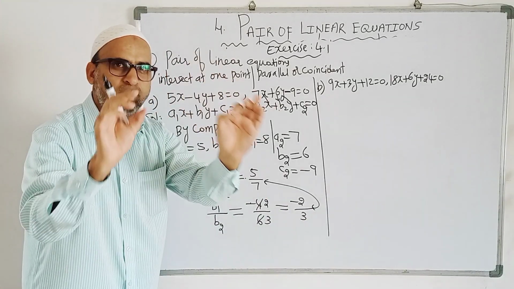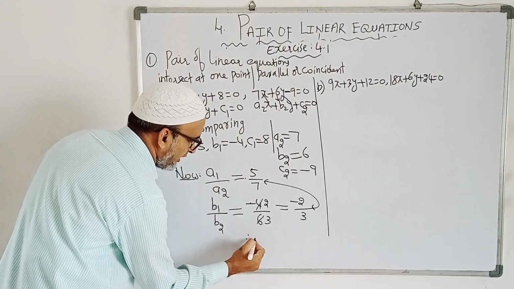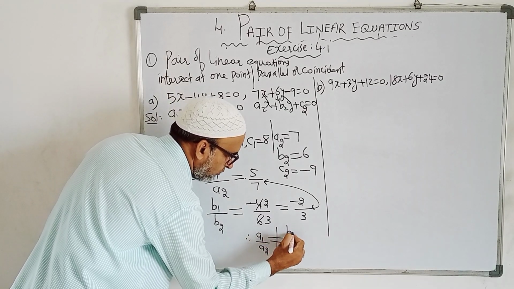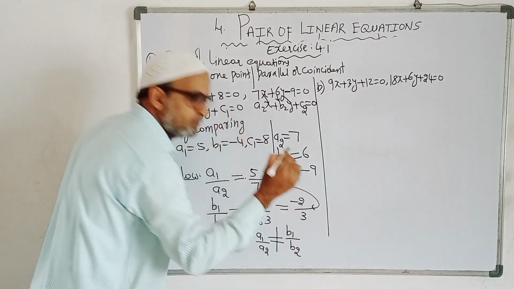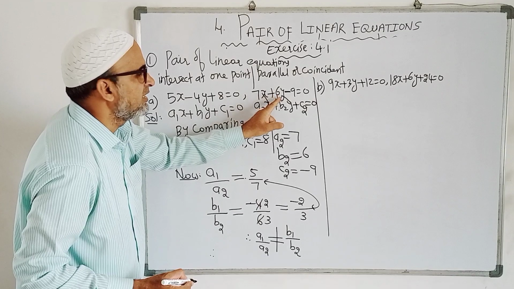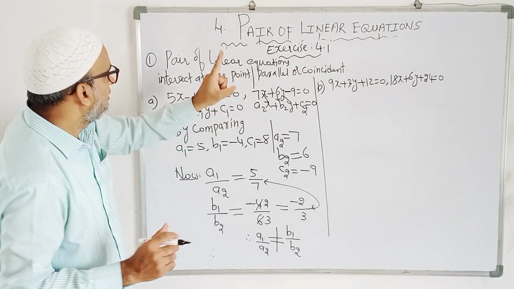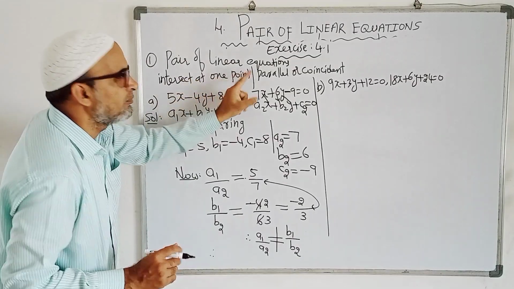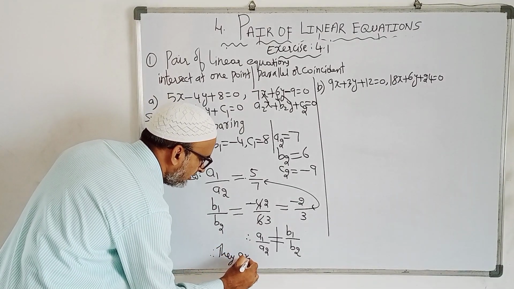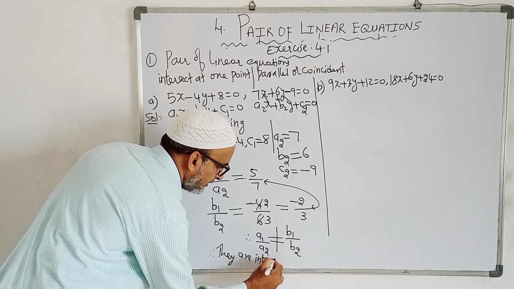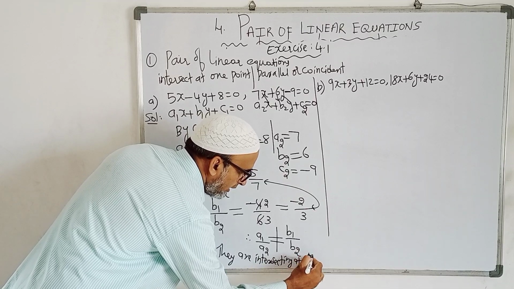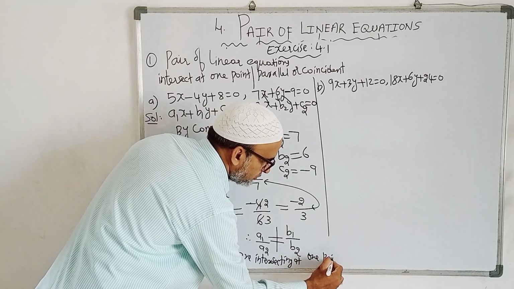If they are different, stop there only. Therefore you write down A1 by A2 is not equal to B1 by B2. Therefore this pair of linear equations is intersecting at one point. That is the solution.